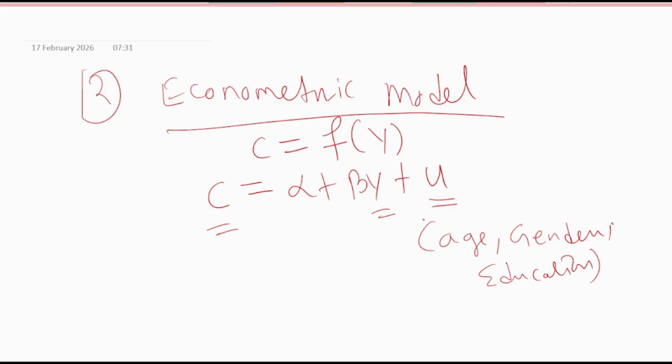So all these factors are actually not included as independent variables. We have taken only income as the independent variable, and we are assuming that income will impact the consumption.